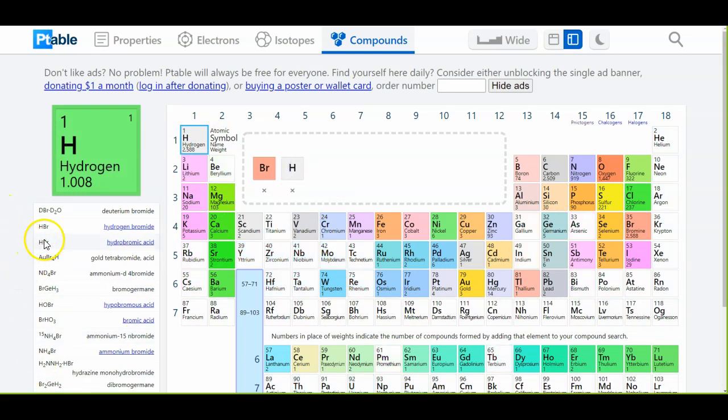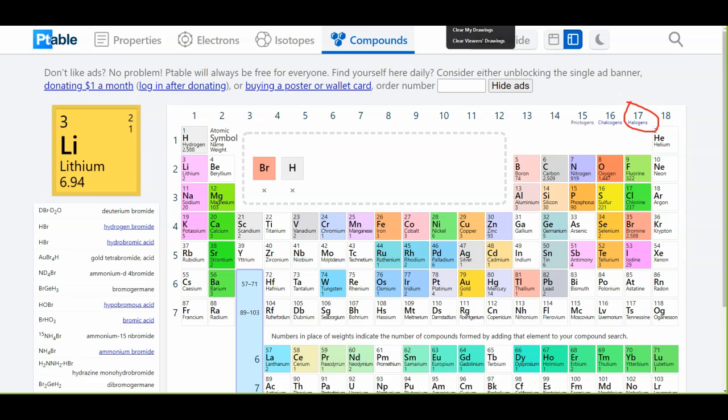The compound that contains both hydrogen and bromine is just H1Br1. So H with a blank means 1, Br with a blank means 1, so I needed 1 hydrogen for 1 bromine, which makes sense because it is in group 17. Group 17 only needs 1 more electron, so we only need 1 hydrogen.